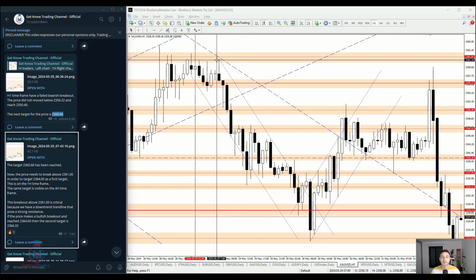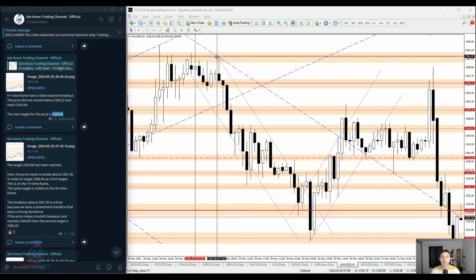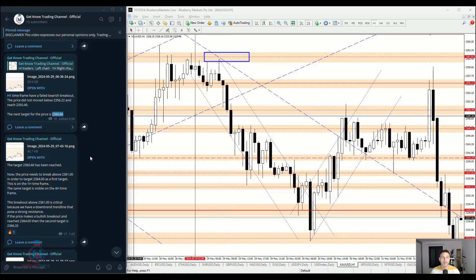Now you can see that the price did not make a breakout because of strong resistance, so this potential target was not activated because the price did not make a bullish breakout above 2361.00.